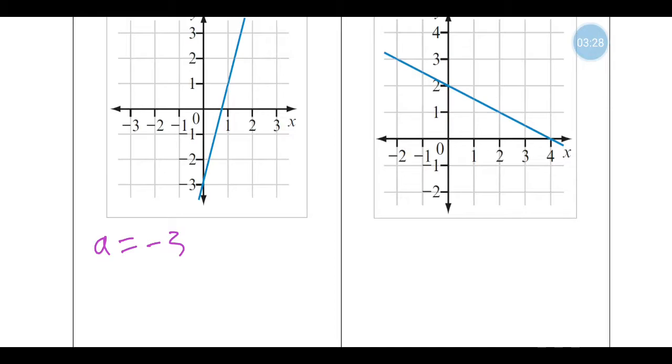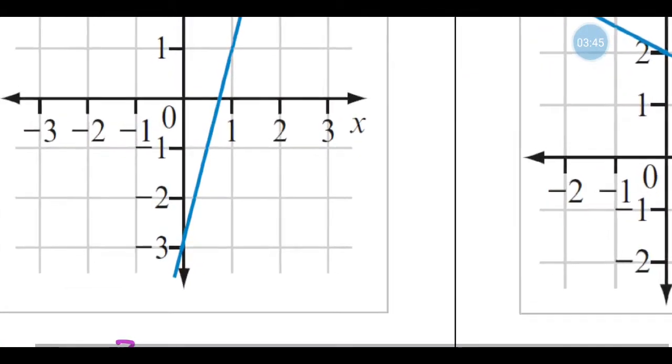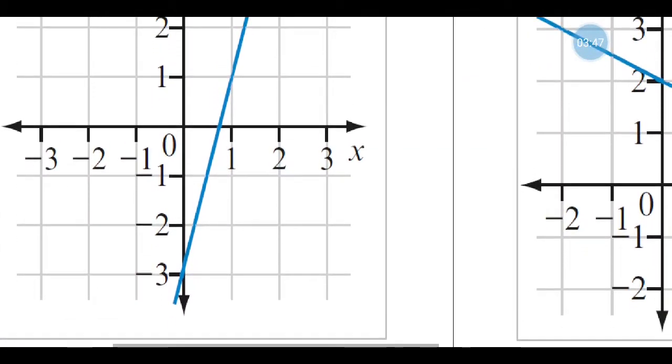So I can either identify 2 points on the line, write the coordinates for those 2 points, and substitute those coordinates into the formula y2 minus y1 over x2 minus x1. Or in a really basic example like this, I can cheat a little bit. That formula really is just measuring or determining rise over run, okay?